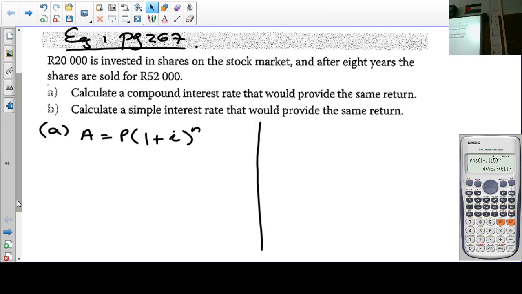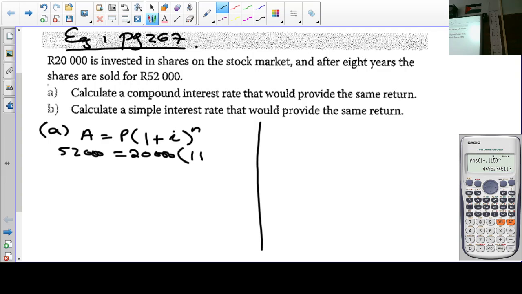So do the substitution and try and solve for your rate quickly. Right, so what's my A value? 52,000 equals P, 20,000, into 1 plus i, which is what we're calculating, to the exponent 8.